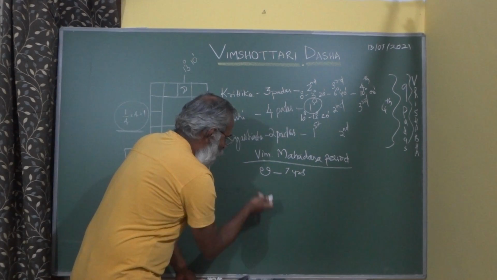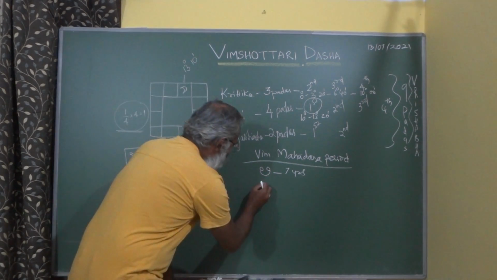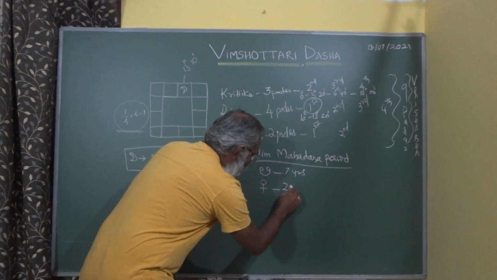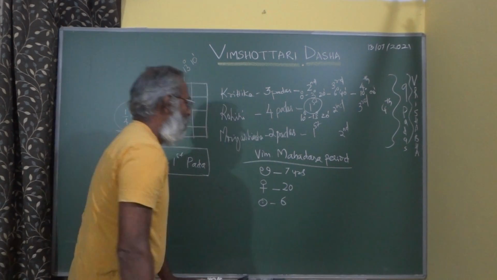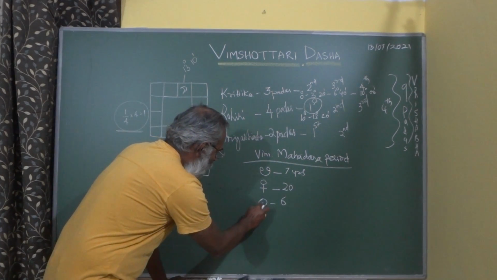So, after Ketu, it is Ashwini, Bharani, Kritika, Rohini. So, after Ketu, it is Shukra, 20, Surya, that is Sun, 6 years, Shukra is Venus, 20 years.